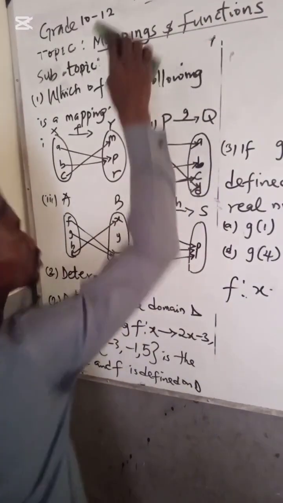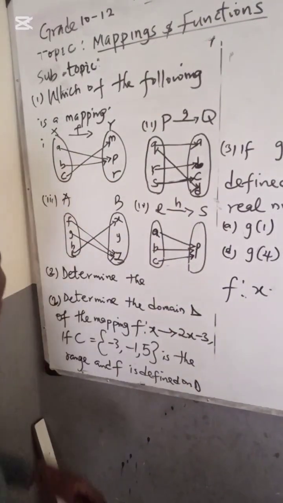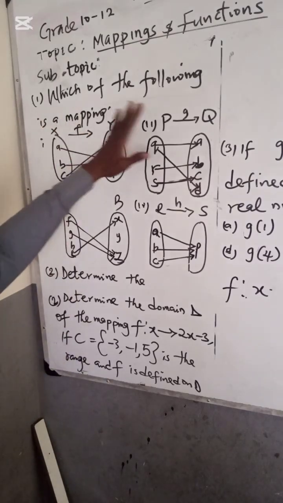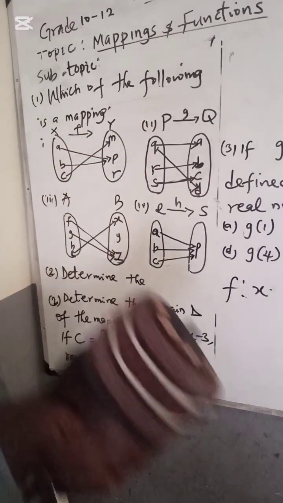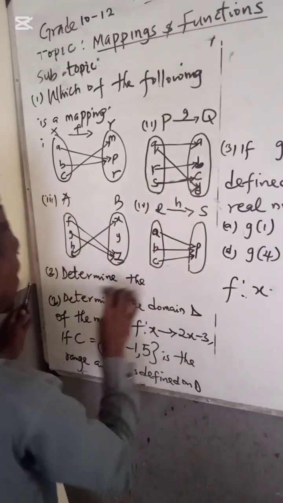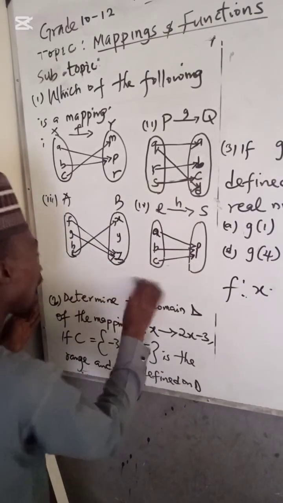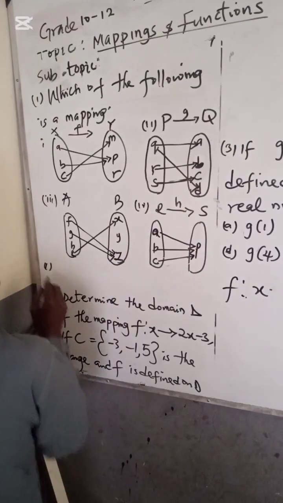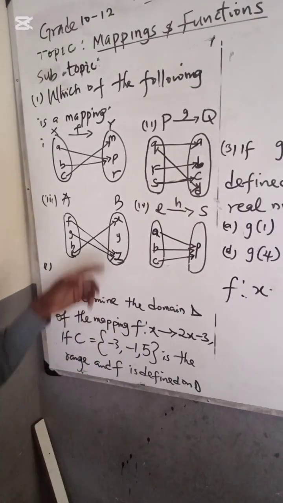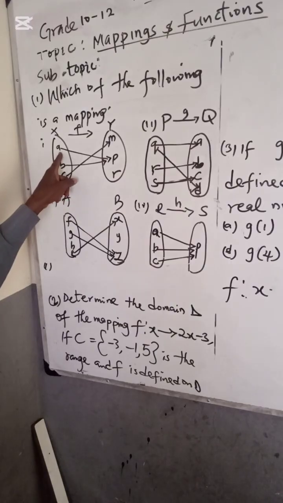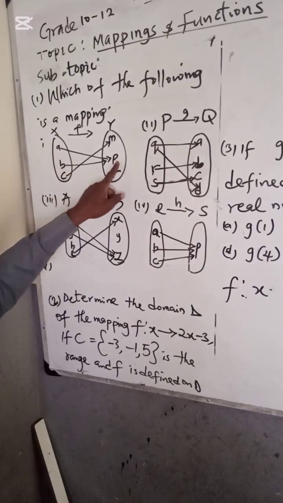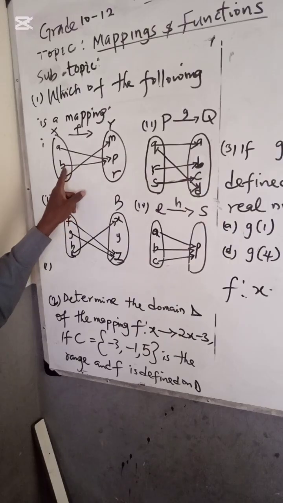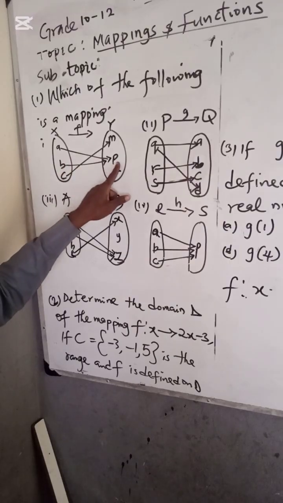But quickly, let's look at identification of function mapping. The question says, which of the following is a mapping? Now, let's combine our knowledge of onto mapping and one-to-one mapping. Let's look at this. Element A has an image P. Element B also has an image.